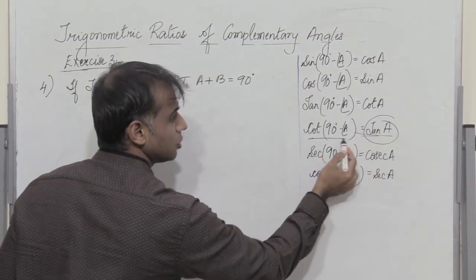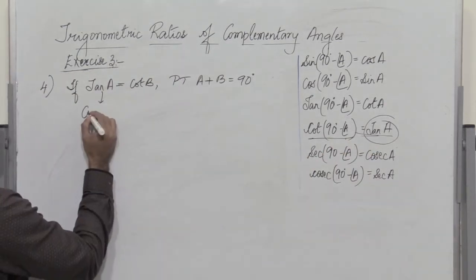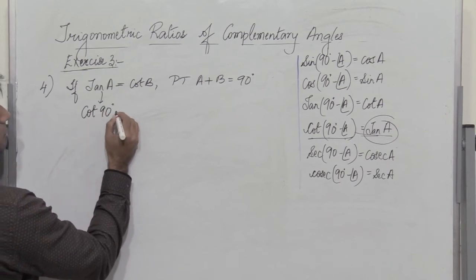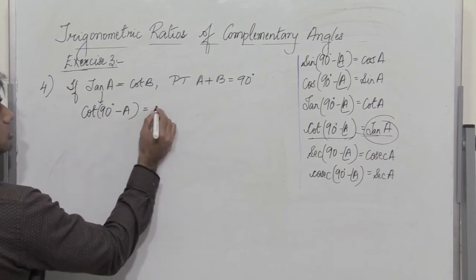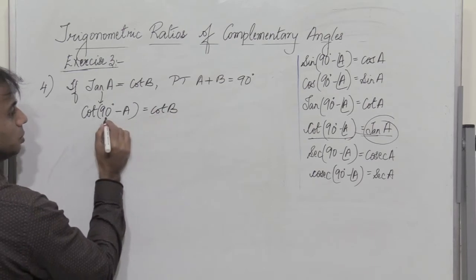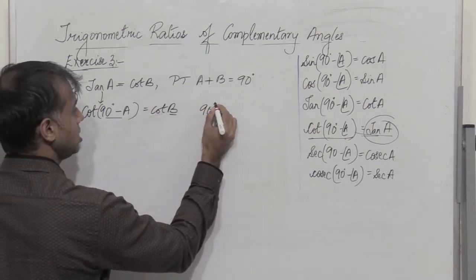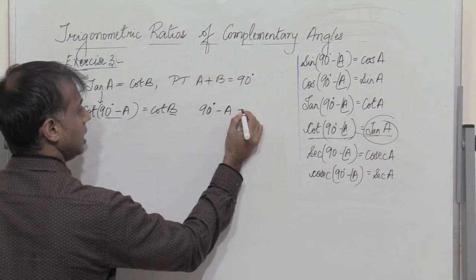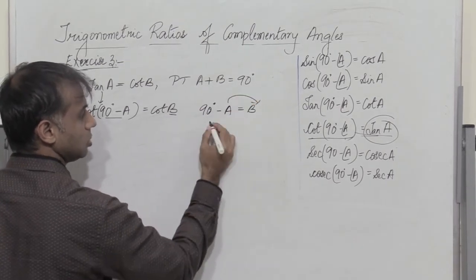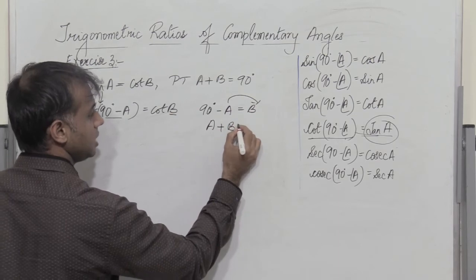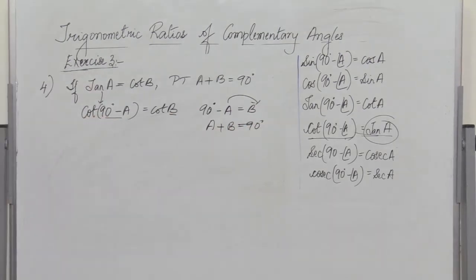Tan A is cot of 90 minus A, which is equal to cot B. So these two angles can be equated because LHS equals RHS. So 90 minus A equals B, or if I take A to the other side, A plus B equals 90 degrees. So very simple problem.